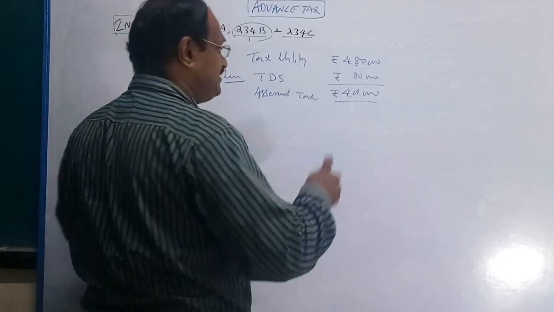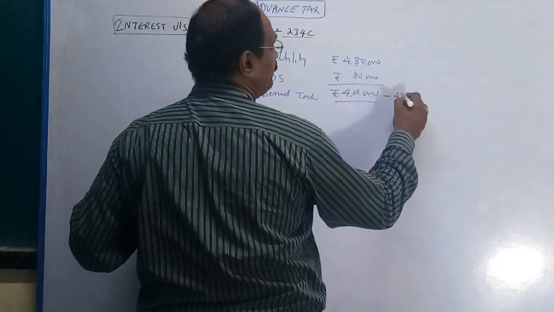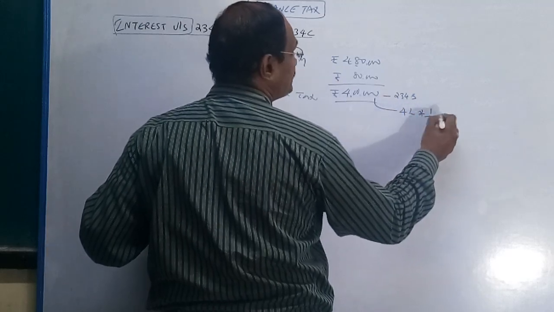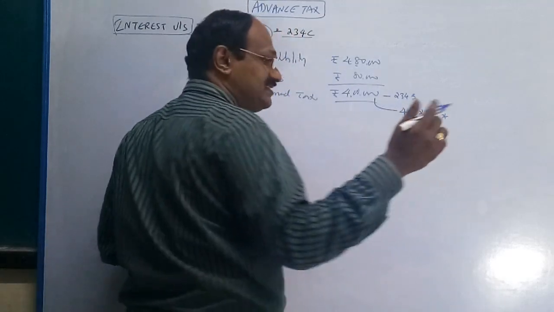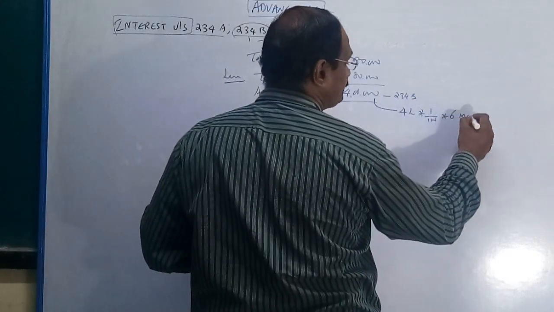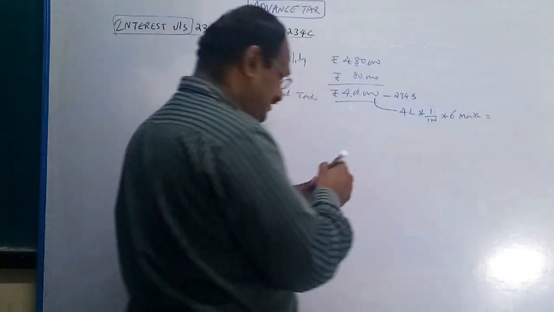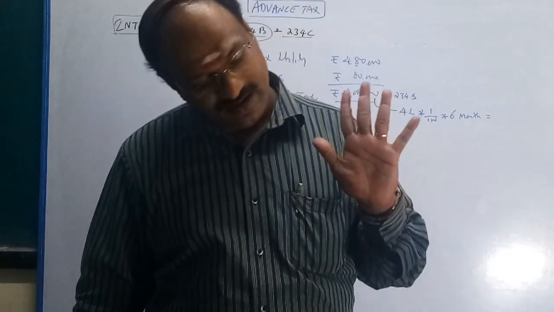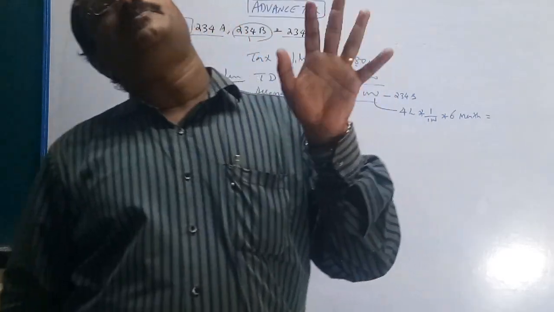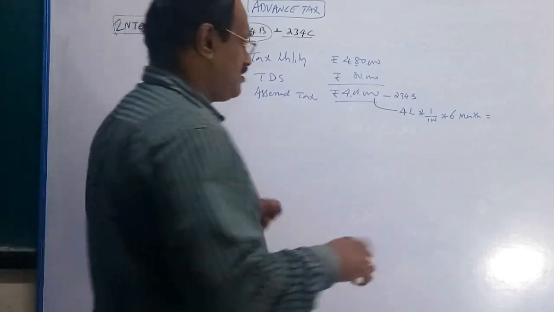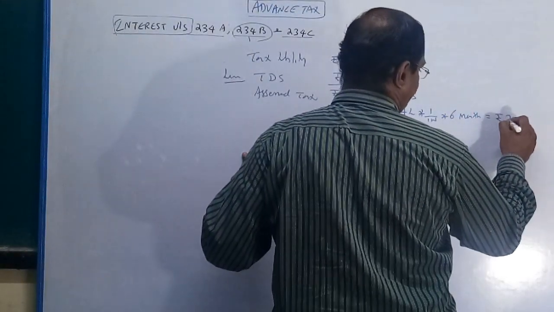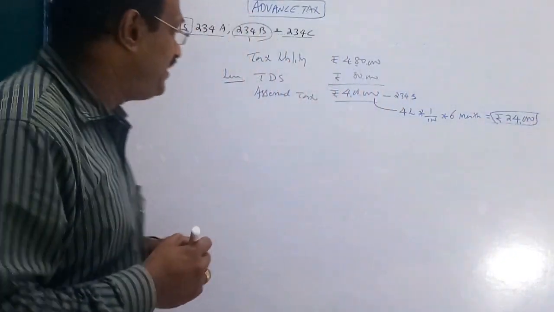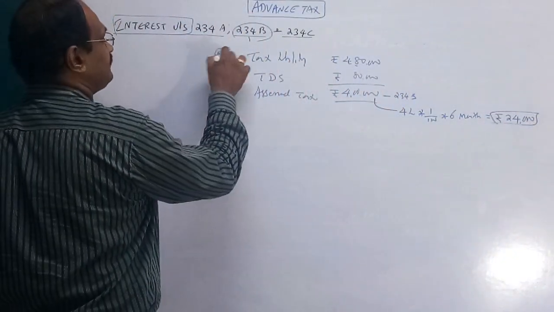Thereby, in this case, 234B is 4 lakhs into 1% into 6 months. How 6 months? April, May, June, July, August, September, because on 10th September you paid self-assessment tax. So that is the interest under section 234B for case A.